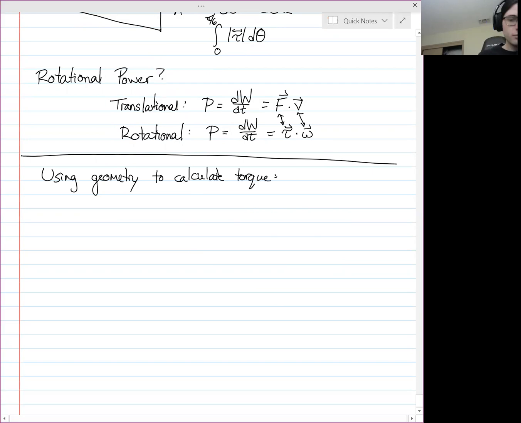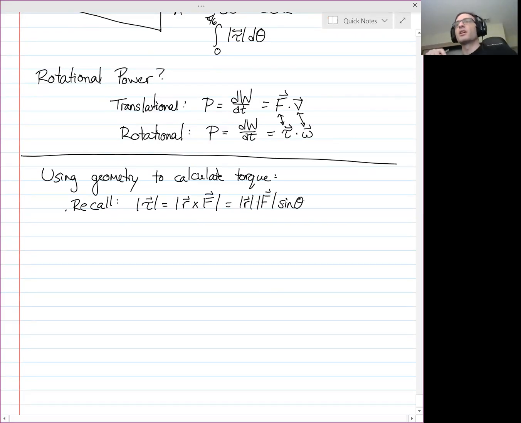Just as a reminder, the magnitude of the torque is equal to the magnitude of r cross F, which is just the magnitude of r times the magnitude of F times sine of theta. Remember that r in this case is the vector that points from the axis of rotation to the location where the force is applied.